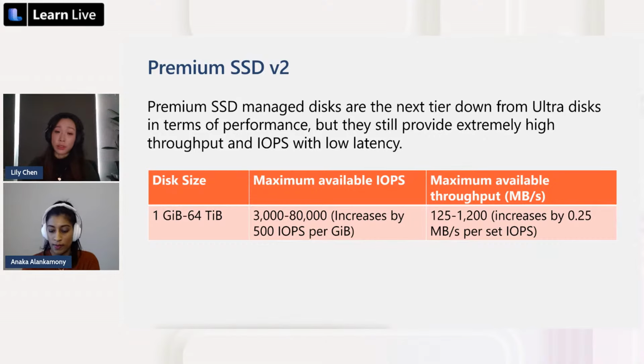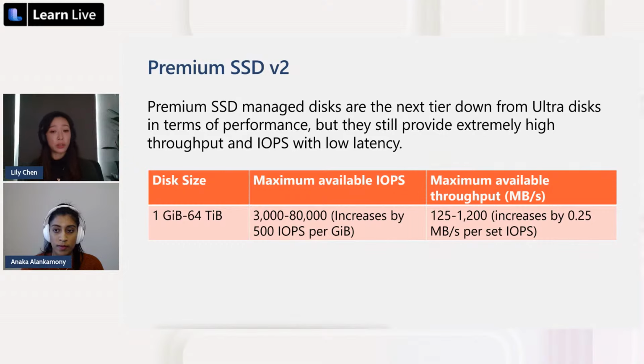Unlike the premium SSD, we'll call them V1 managed disks, which we will explore in the next section, Premium SSD V2 managed disks have the advantage of flexible capacity scaling at the 1 gigabyte granularity. This means that you can set your premium SSD V2 disk to any supported size that you prefer, and then make granular adjustments to the performance without experiencing downtime.